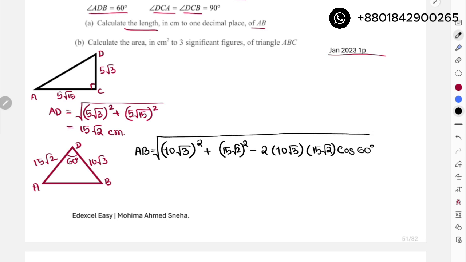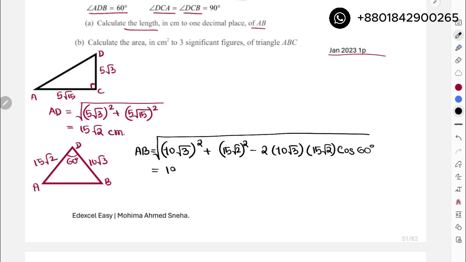And that will be 10 root 3 whole squared plus 15 root 2 whole squared minus 2 times 10 root 3 times 15 root 2, and then after this you have to multiply by cos 60. All this gives you the value 19.55.